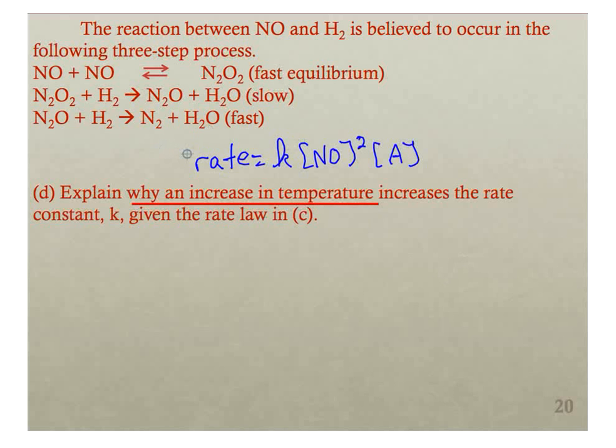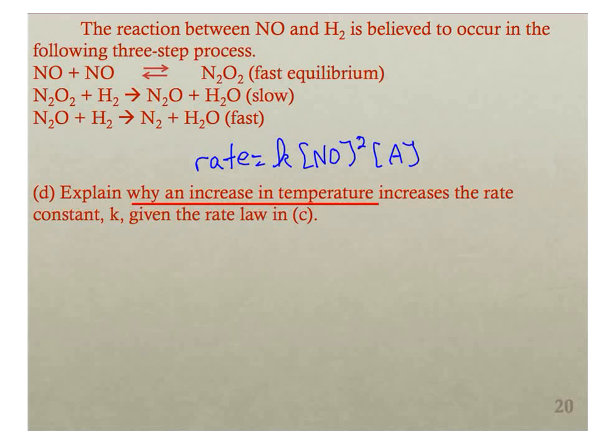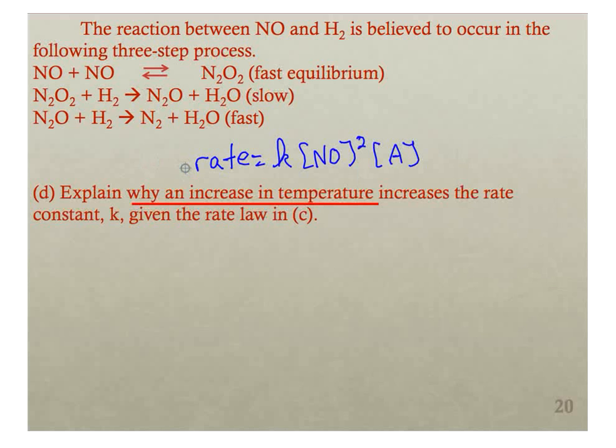Well, we see here that there's got to be an increase in the rate, and the concentrations aren't changing. So therefore, your temperature must involve an increase in K. So if that's increasing and these 2 are staying constant, then K must increase. So you could make a statement like that.